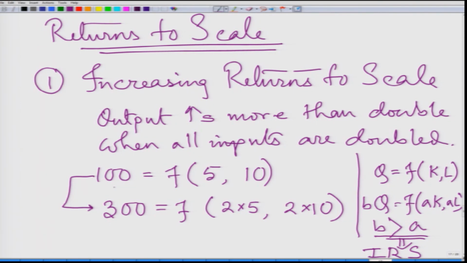Over here, output is multiplied by 3 and inputs by 2, and 3 being greater than 2, I have increasing returns to scale.